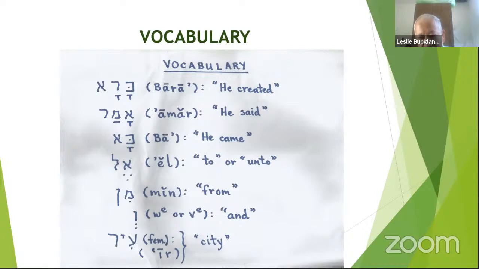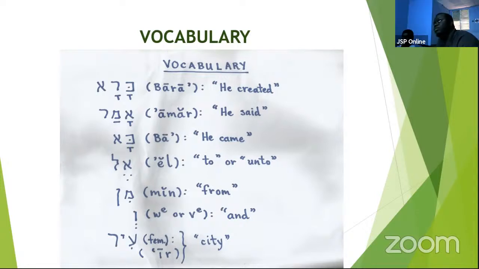And the simple shva that was under the Lamed of the preposition le was lengthened to tsere. And so it was put to Elohim, and instead of saying le Elohim, you said lElohim. But le is to, and el is another preposition that means to.